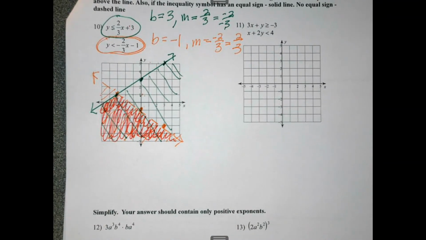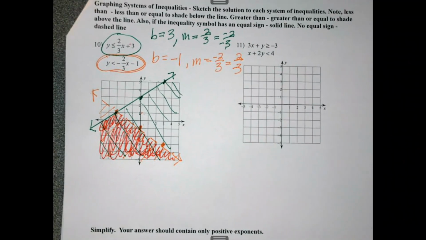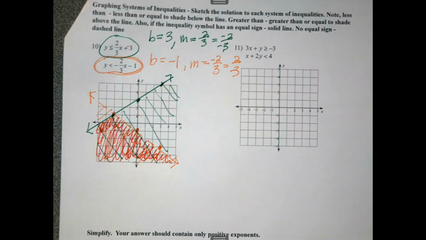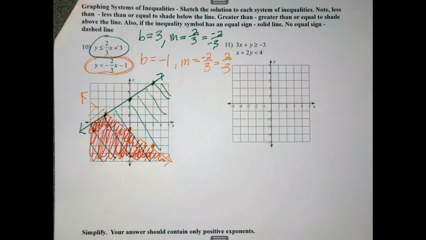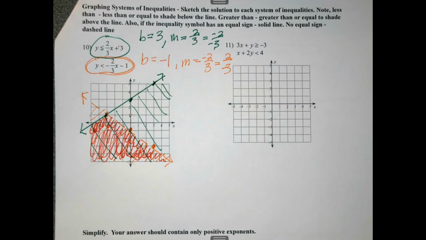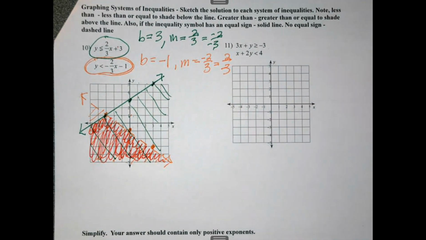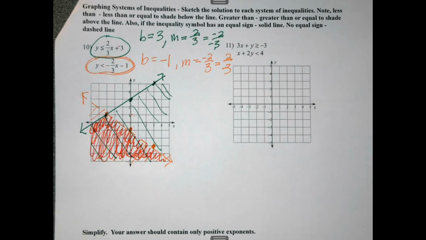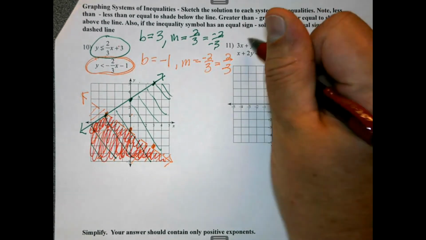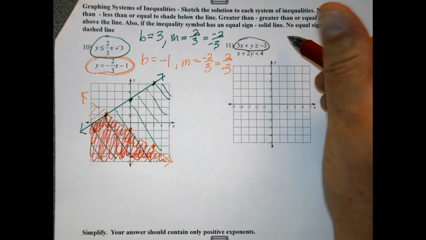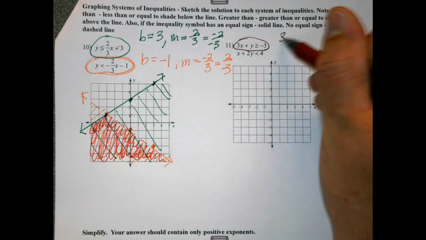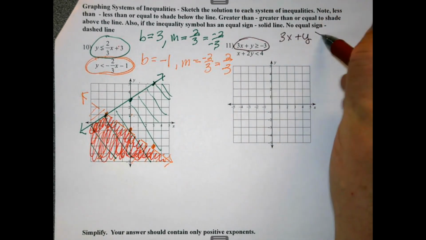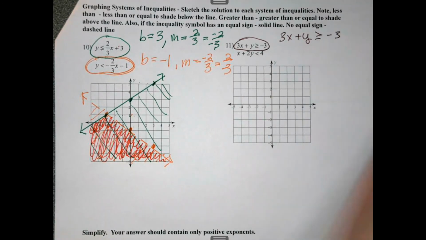Number 11, they're in standard form. I would highly suggest, so that we can follow our process, to put these in slope-intercept form. So 3x plus y is greater than or equal to negative 3.